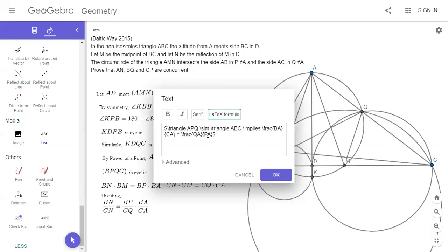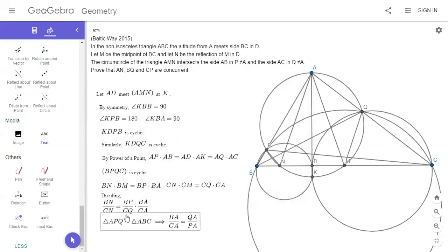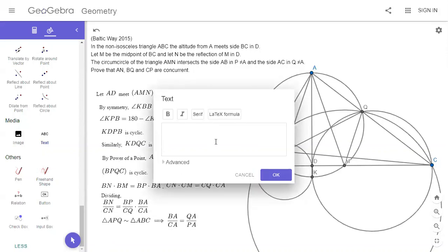And so then, just write out the last step. So we have BN over CN times CQ over QA times PA over, or I'll just say AP over PB is equal to 1.